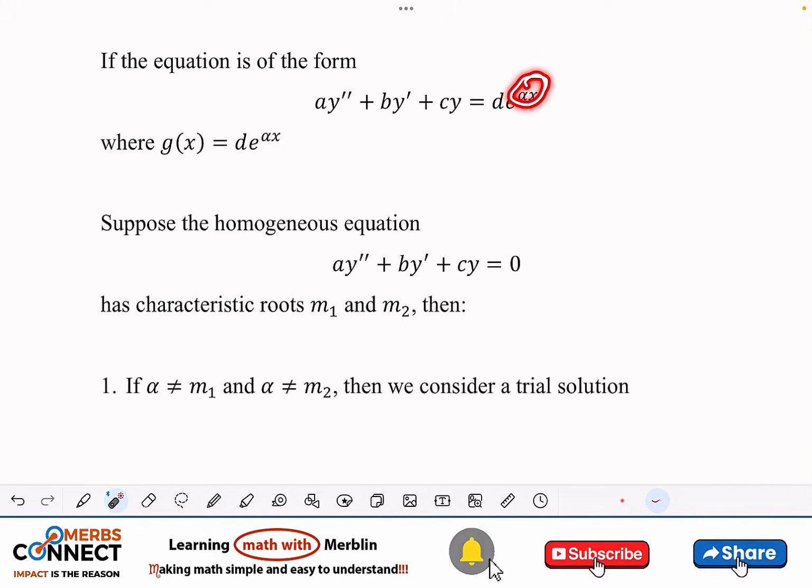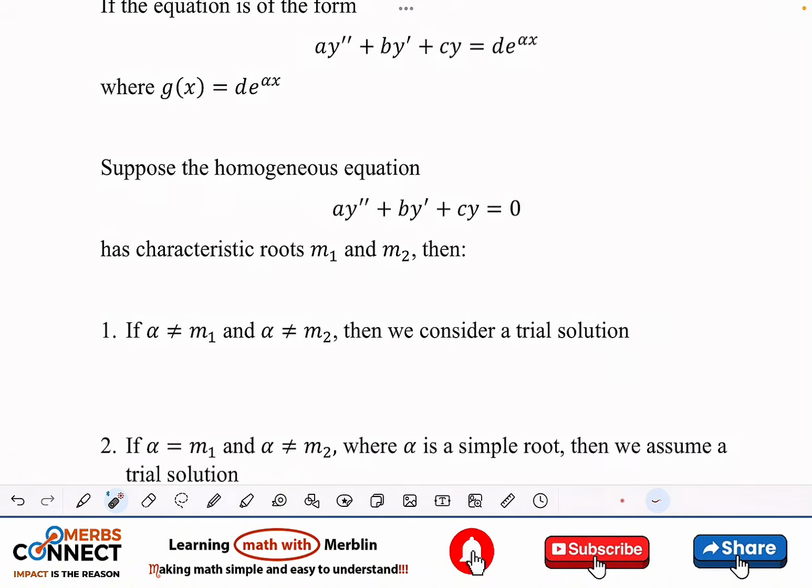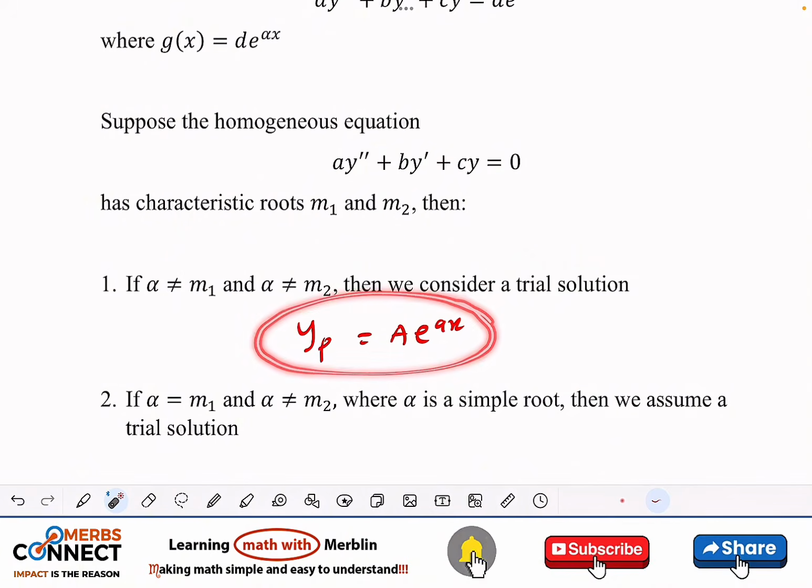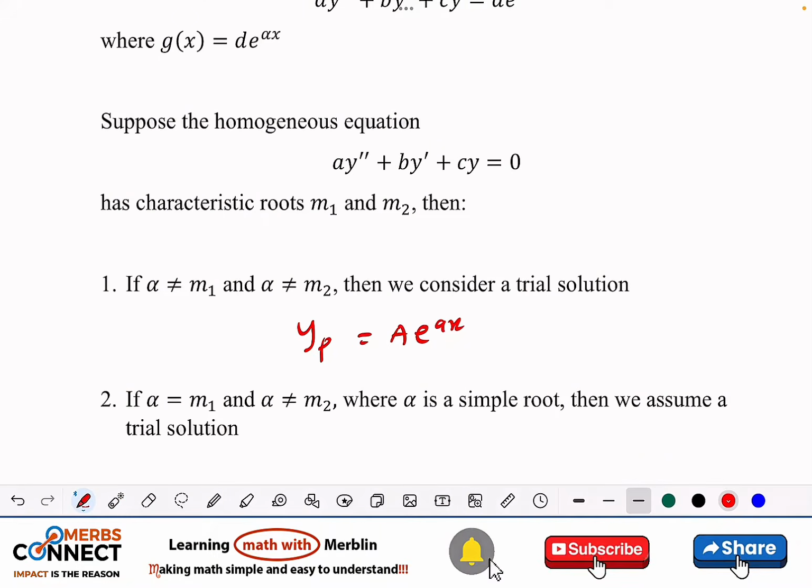Whenever this alpha is not the same as m1 and not the same as m2, we consider a trial solution. Which trial solution are we going to consider? We are going to call it yp, which is equal to a e to the power alpha x. So this is the trial solution we consider when alpha is not the same as any of the roots.